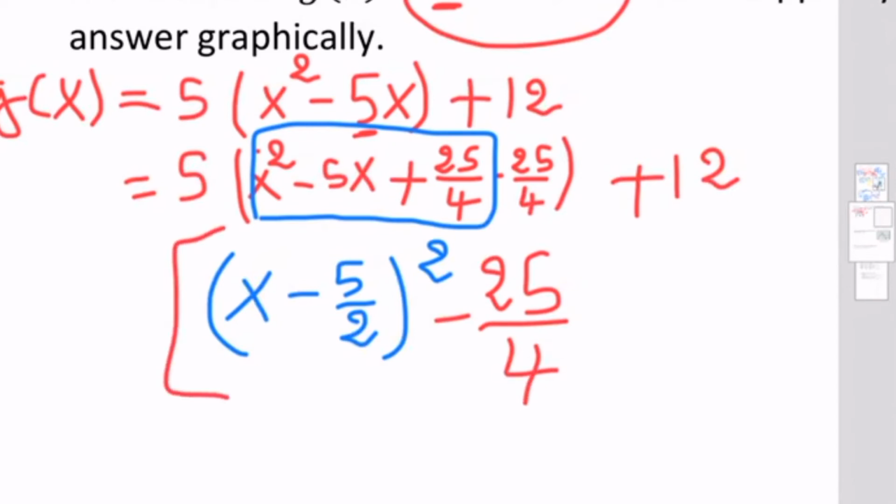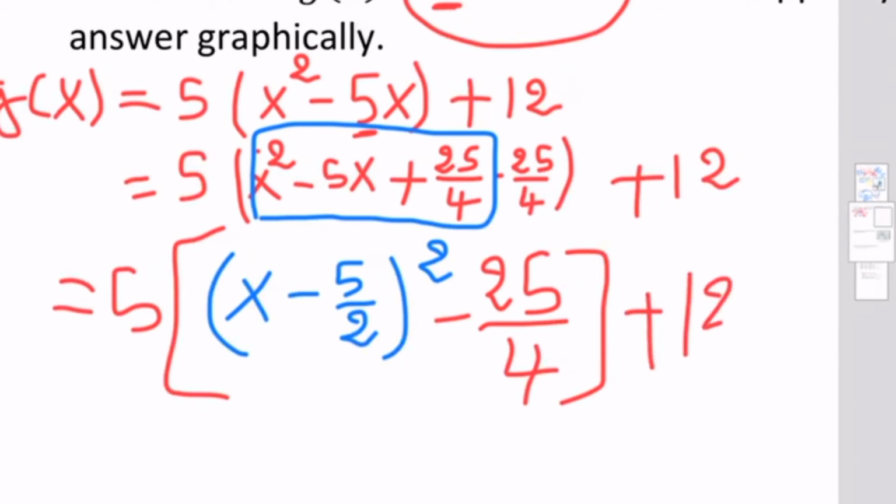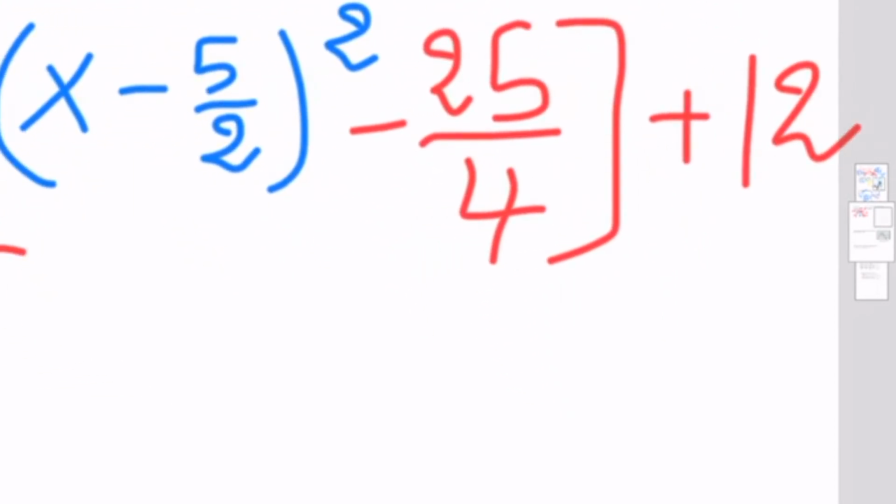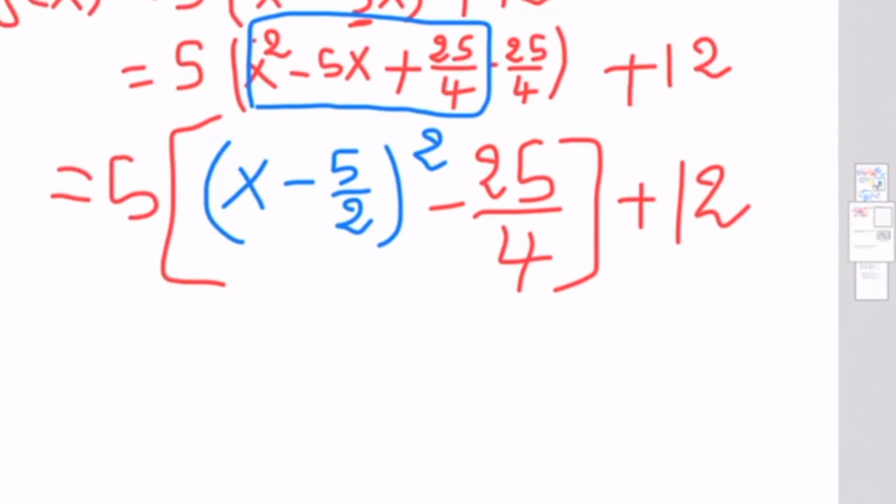Okay, we have this bracket with 5 common factor plus the 12. Now we multiply out the 5 over these two terms inside the bracket.